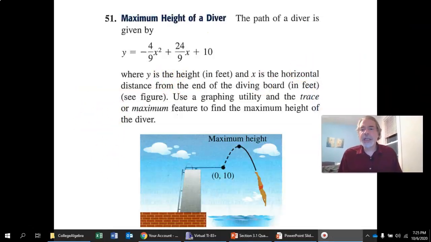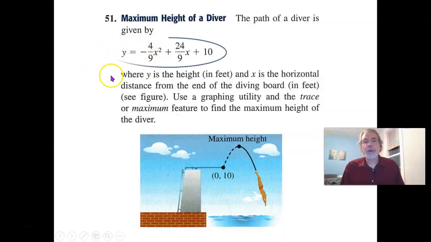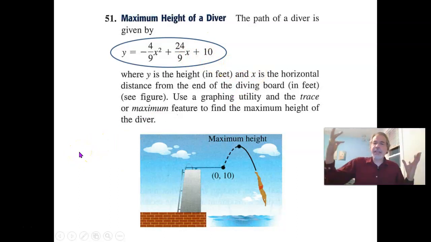So here's one example of a quadratic function. y equals -4/9 x squared plus 24/9 x plus 10. This came from an example or a problem I found in a book, and I'm not going to take the time to look at it in detail, but it's supposed to represent the path of a diver who jumps off the end of a diving board into the water.